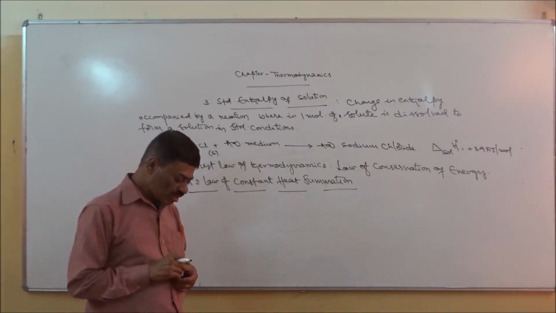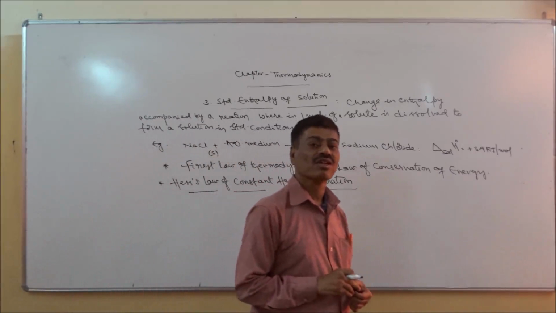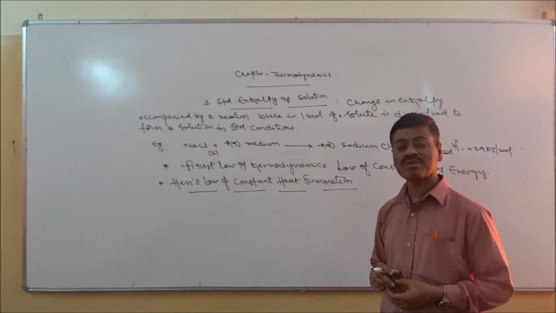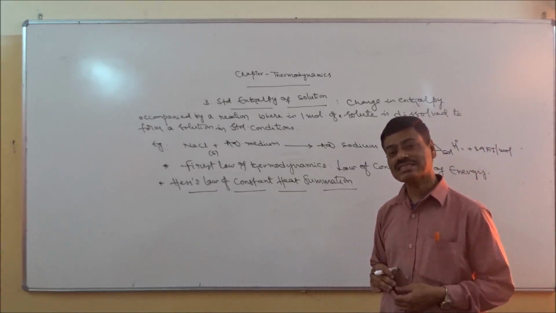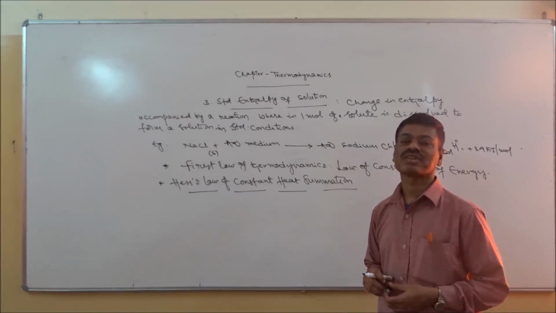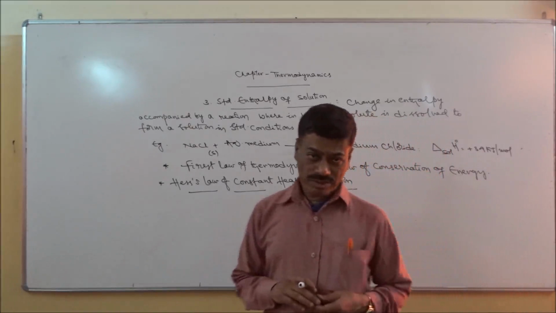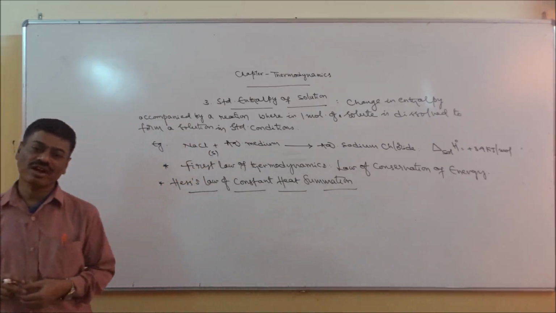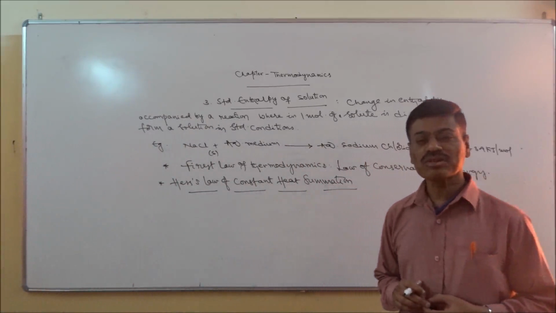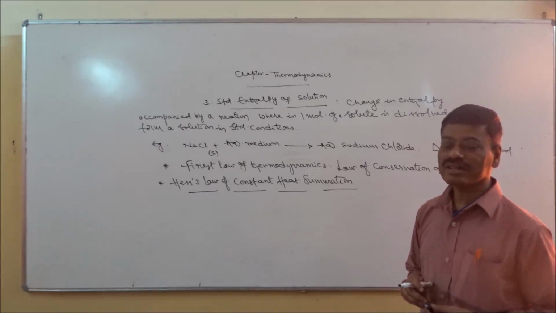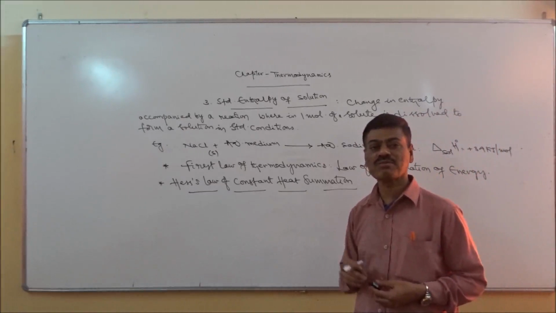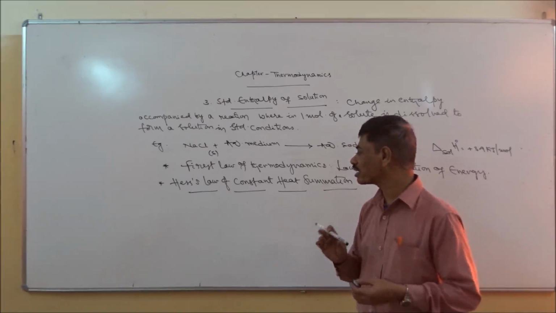In second step, thus formed carbon monoxide once again undergoes oxidation, reacts with oxygen, thereby to form carbon dioxide gas. Then 283 kilojoules amount of energy is absorbed. Now, in these two steps, the total amount of energy released, if we add, it will match with the total amount of energy released when carbon is completely burnt in sufficient amount of oxygen, that is minus 393.5 kilojoules. This is the explanatory part.